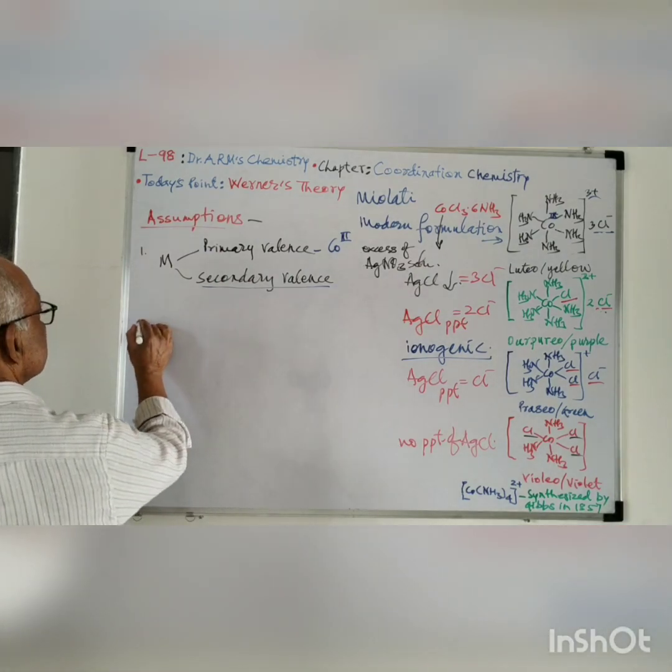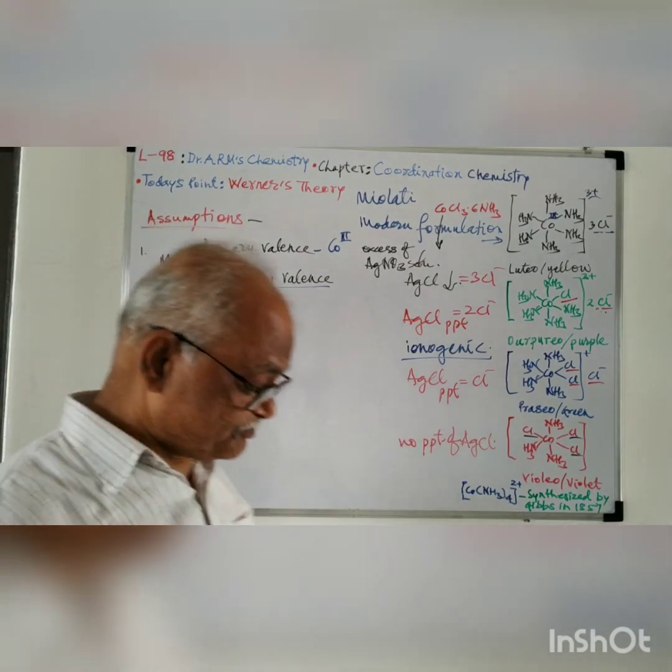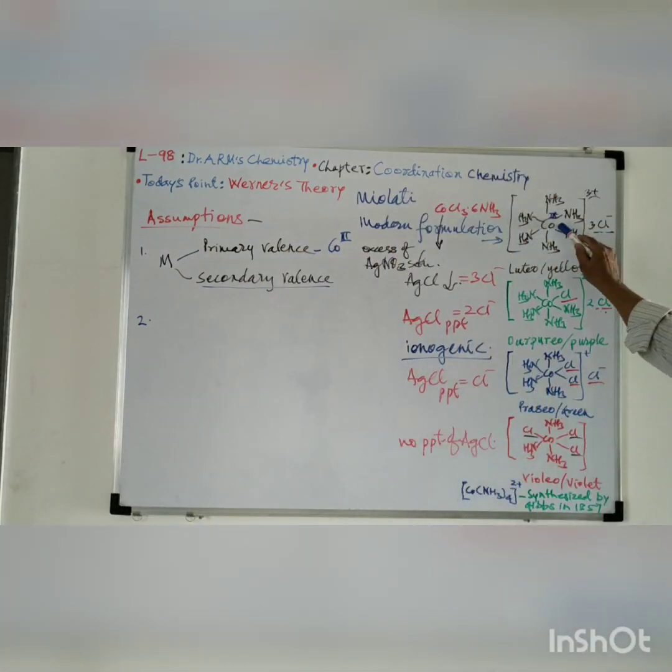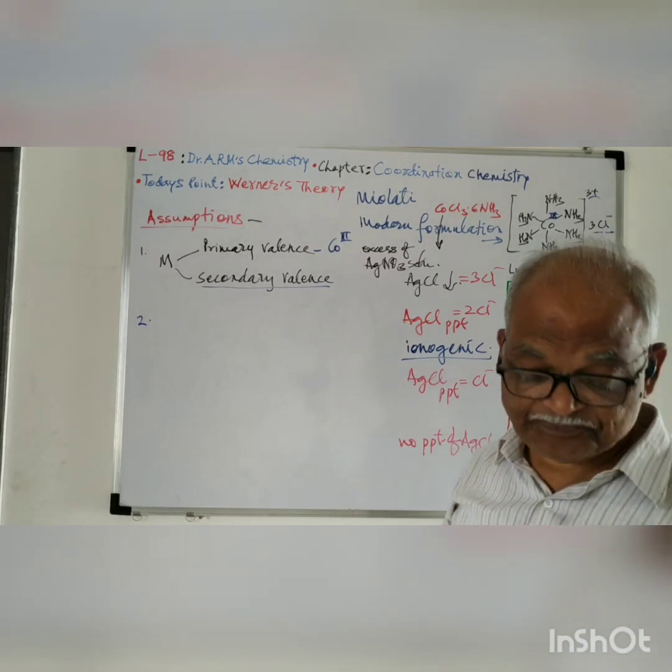The cobalt has +3 charge, these ligands are neutral, therefore the +3 charge is shown on the complex species, and this is further neutralized by these 3 ligands.